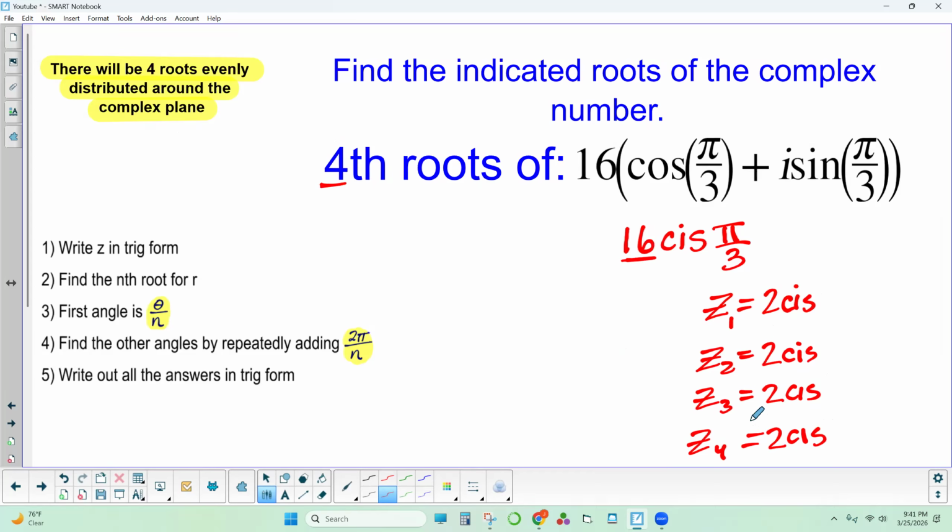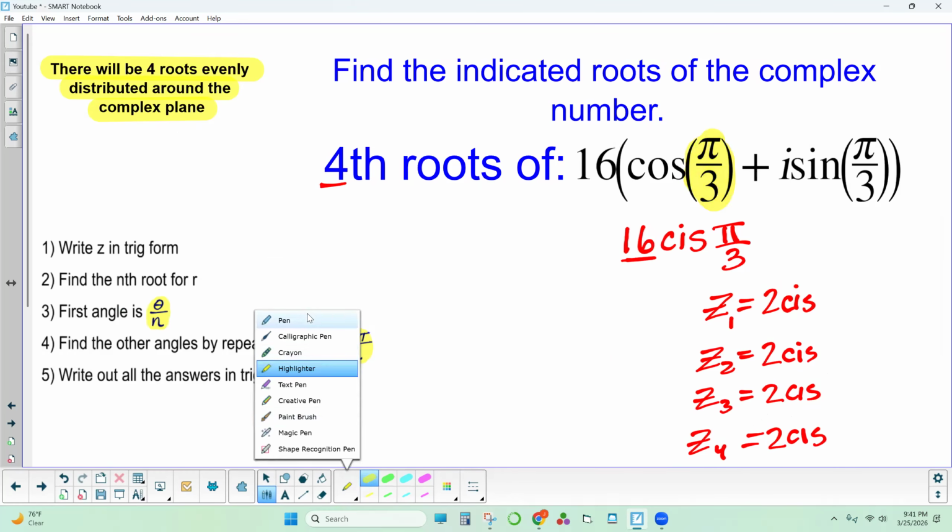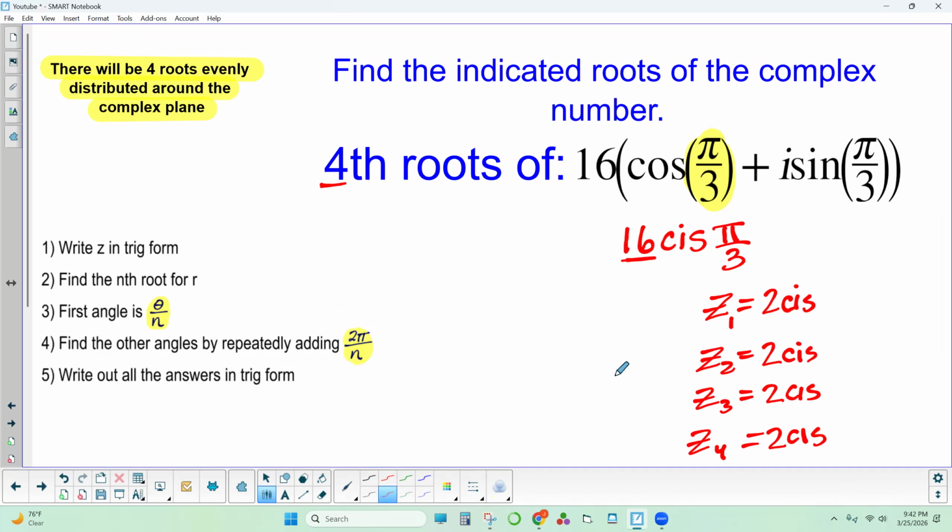And now all I need to do is find the angles where they are evenly distributed around the plane. So to find my first angle, I take theta, which is right here in my complex number, and I'm going to divide it by n, okay? So we have theta divided by 4.